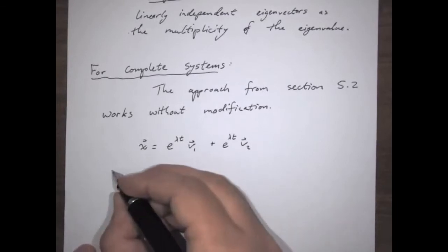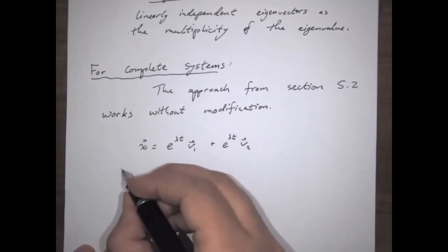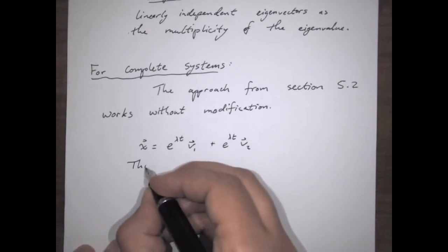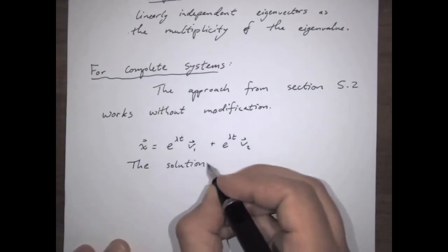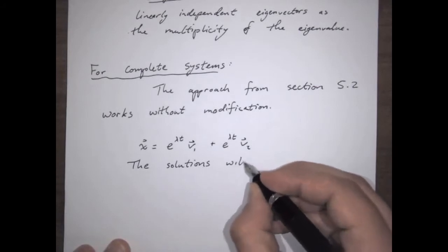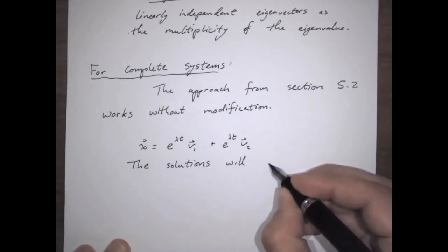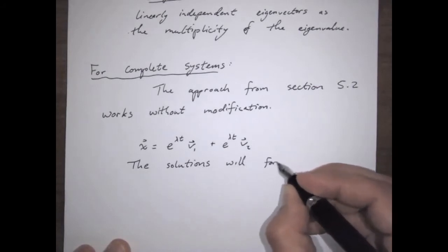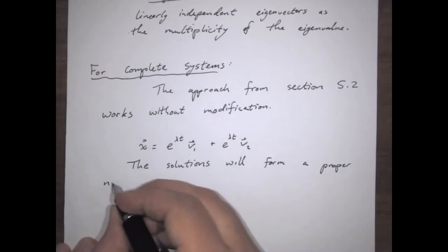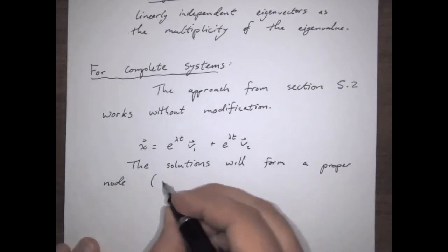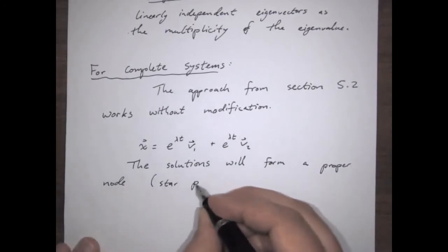And then the phase portrait will be a star point. So the solutions will form a proper node, in other words, a star point.